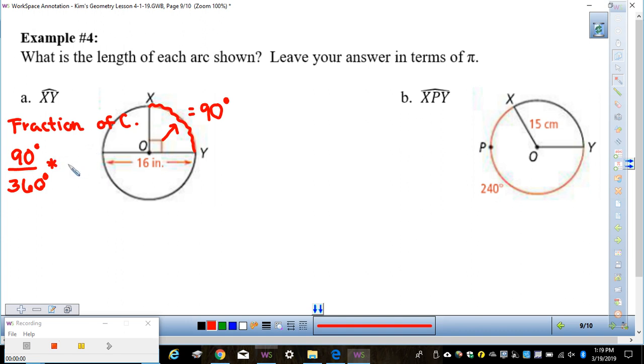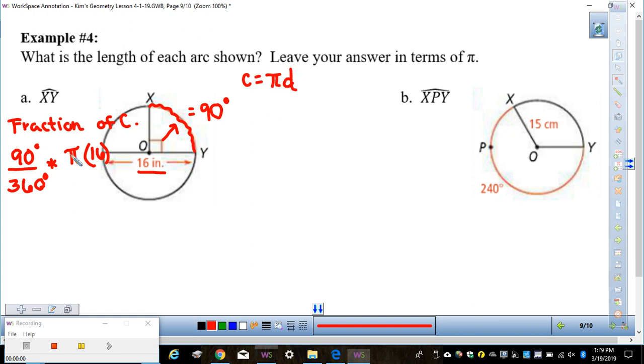So I'm going to use pi d as my circumference.